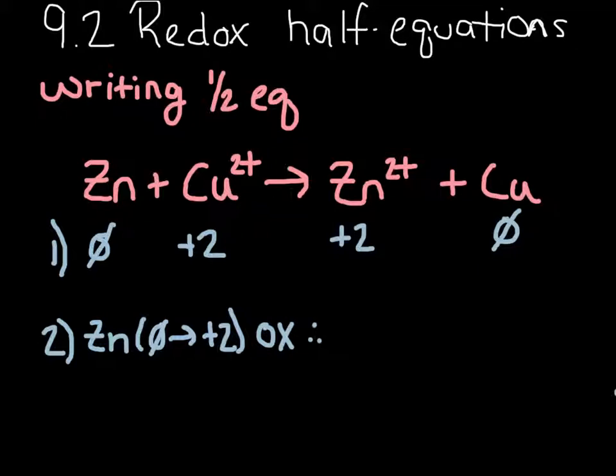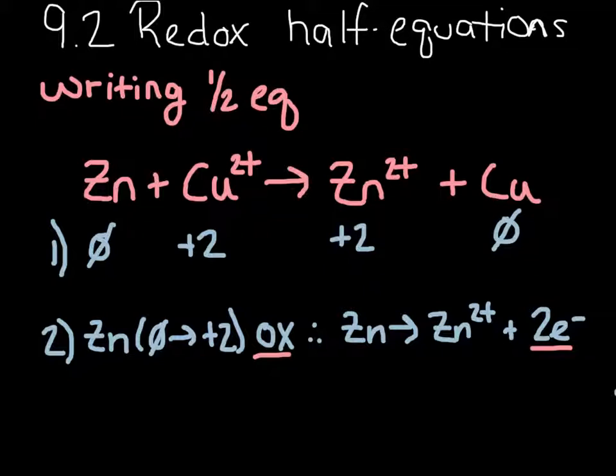Its half equation, therefore, is zinc breaks down into zinc 2 plus plus 2 electrons. Because it is being oxidized, and oxidized means loss of electrons, in order to represent that, those electrons need to be on the product side.